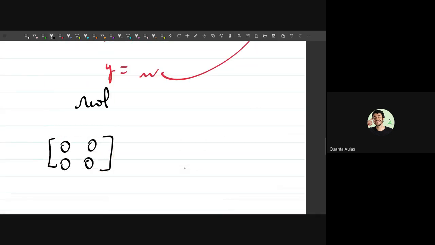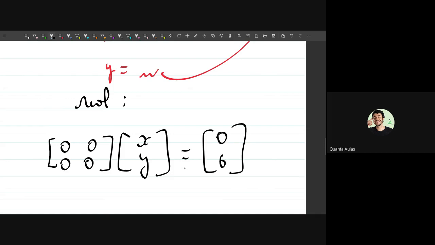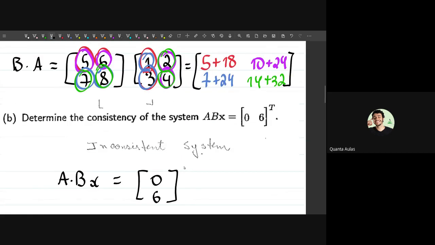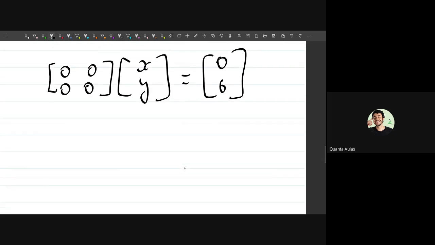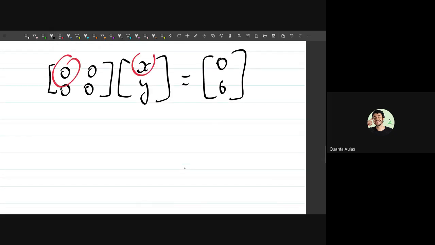Let's give it real. So x, y, we already talked about this, and we have here 0 and 6. So we have an inconsistent system, because if we do the same math again, 0 times x is 0, right? 0 times y, 2, equals 0.